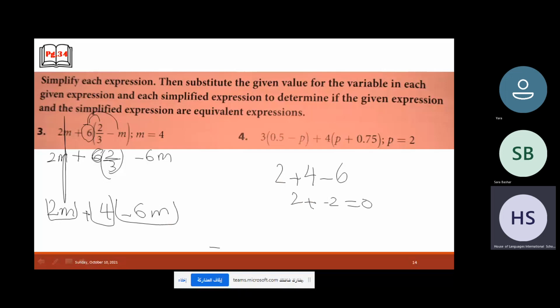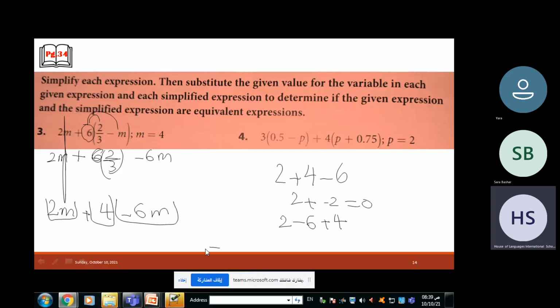Or you can say 2 plus 4 is 6, minus 6 is 0. Like, if you have now like 2 minus 6 plus 4. Now, how will you solve it? You can say 2 minus 6, which is negative 4, plus 4 is 0.